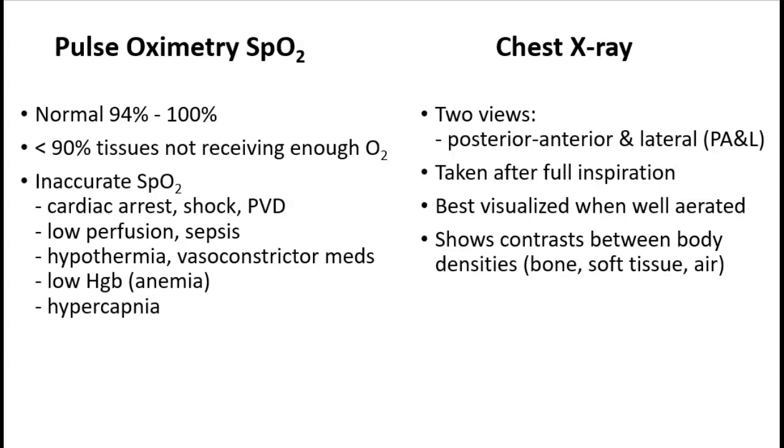So in the event that somebody has cold hands, we know that their pulse ox isn't as accurate. So anybody with low perfusion, right? Some people with sepsis. It can even be affected by people who have anemia and hypercapnia. But in general, it remains a mainstay of diagnosis and treatment and monitoring. So just know your normals and what can affect it.